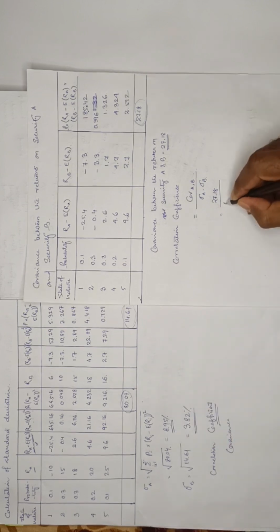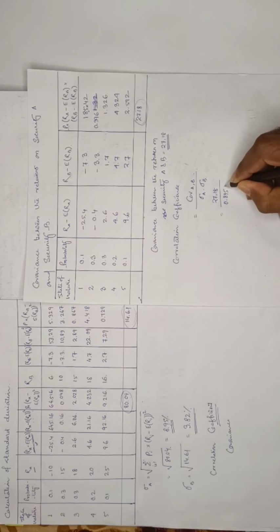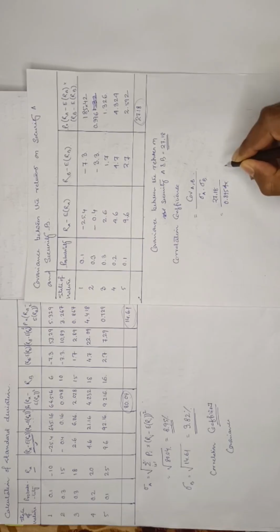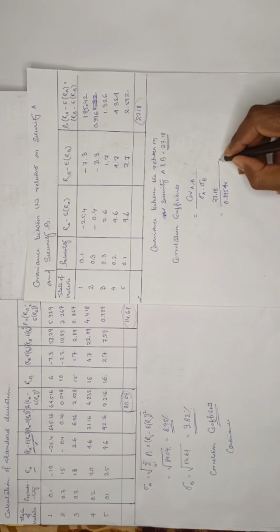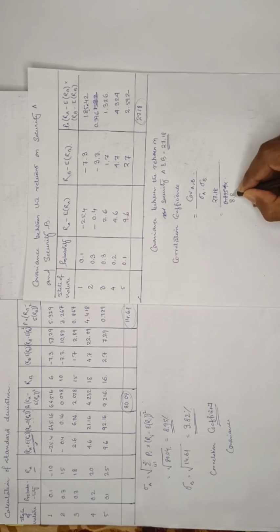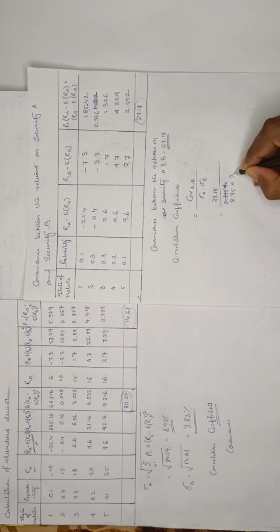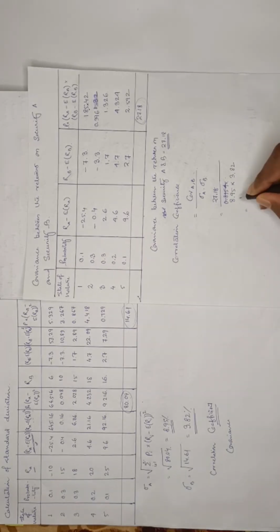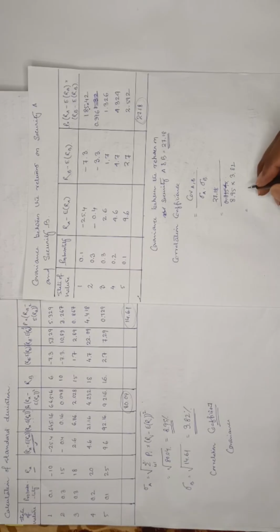So sigma A is 8.95, multiplied by sigma B, 3.82. Now I'll calculate this to find out the correlation value.